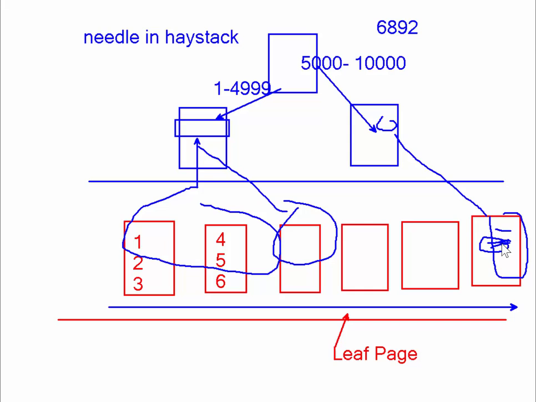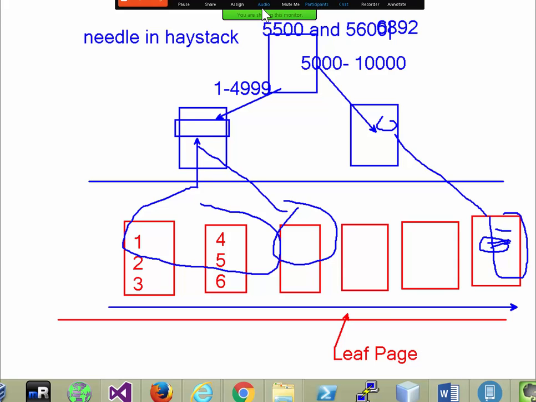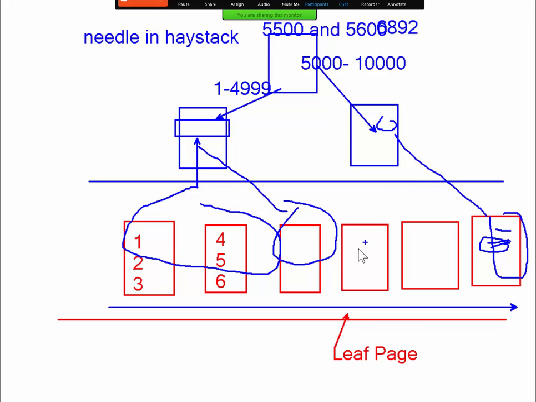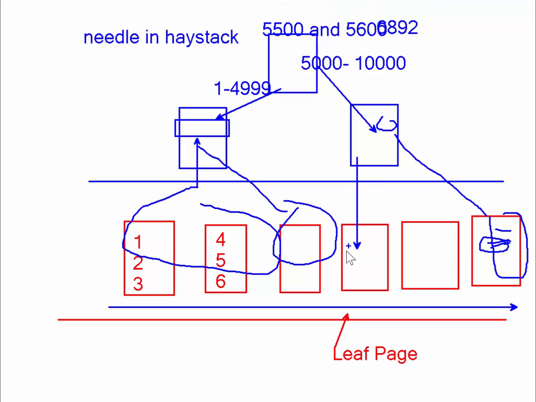Now that's a seek. Even when you're doing the range, it is still a seek. So when I say between 5,500 and 5,600, it's still a seek because it's going to do, here's 5,500, let me read everything until 5,600. So that's all my records. Right?